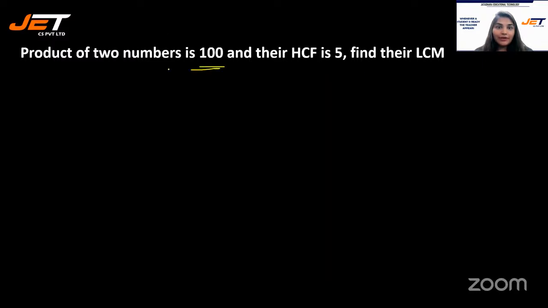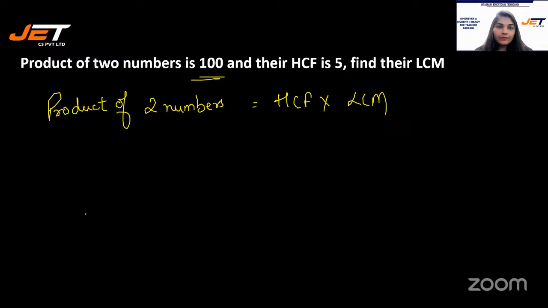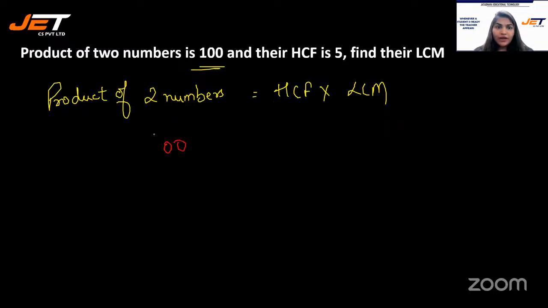Let's do the next question now. The product of two numbers is 100. Their HCF is 5. Find their LCM. So 100 equals HCF 5 times LCM, which we have to find.